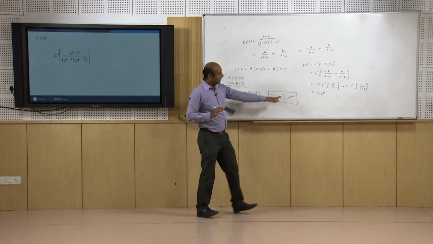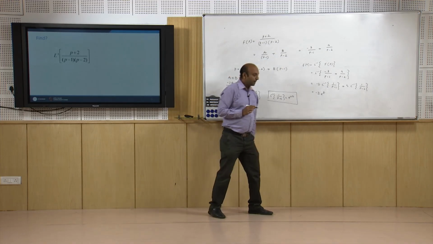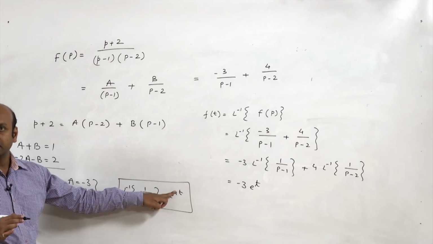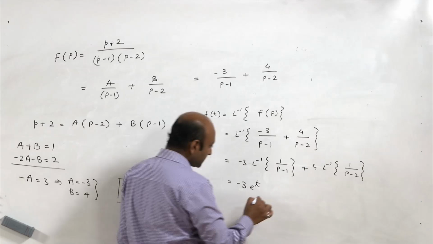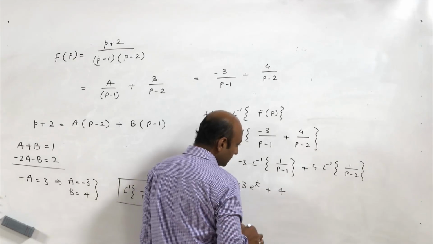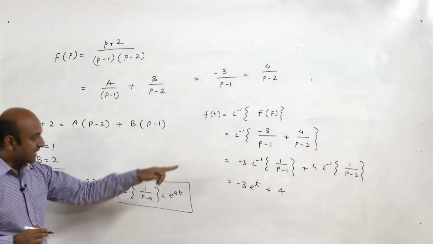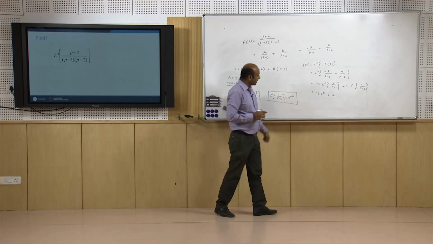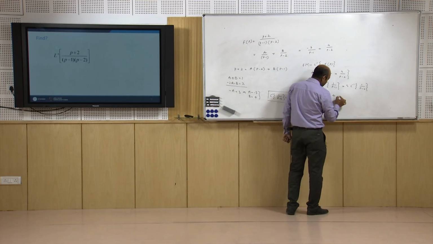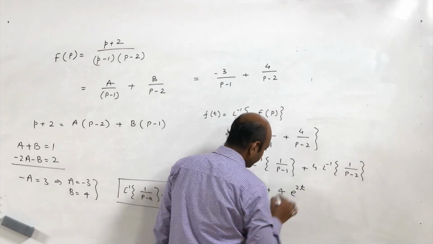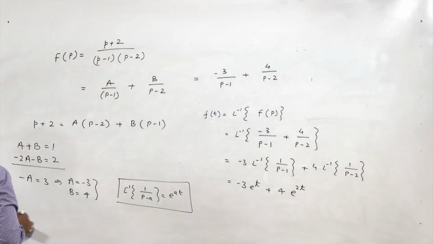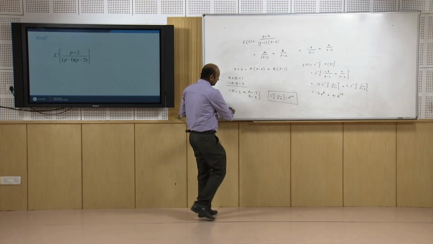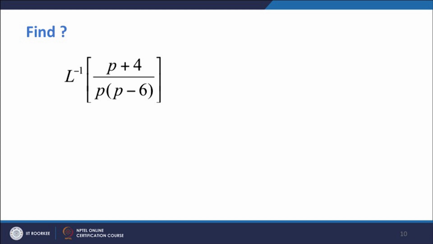So here a is 1, so Laplace inverse of 1 upon (p minus 1) will be e to the power t, plus 4 times. Again, for the second term a is 2, so the Laplace inverse of 1 upon (p minus 2) is e to the power 2t. So this will be the Laplace inverse of this problem. So this is the answer.